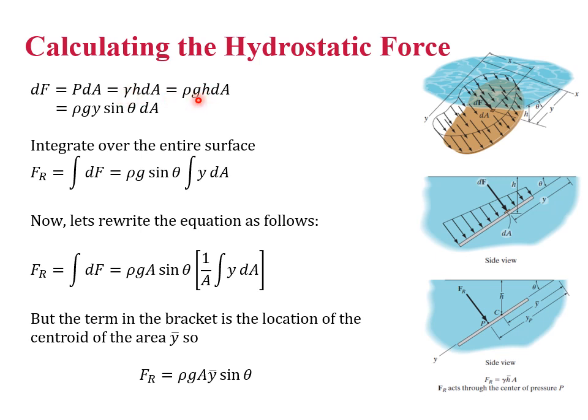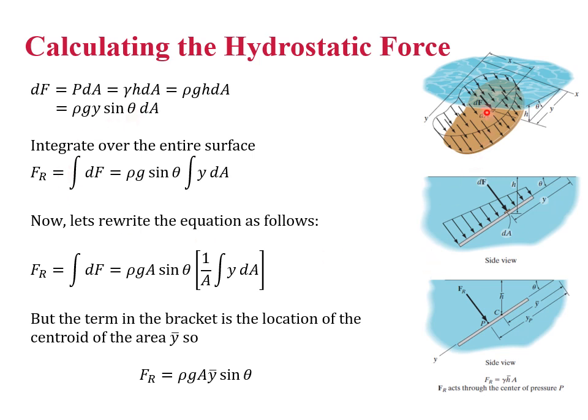Of course, gamma is rho times g. h is related to y by the fact that h is simply y times sine theta. So here's a right triangle. We have h, you have y, and you have theta. So we can substitute y sine theta for h.